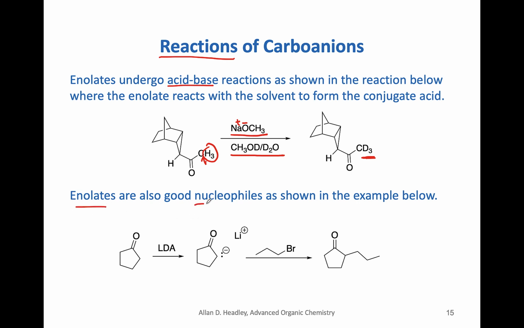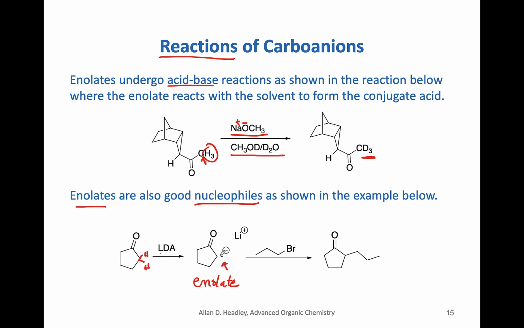Enolates are also good nucleophiles. Remember, a nucleophile is a nucleus-loving species, a species that loves positive charge. In other words, it must have an unshared pair of electrons, which it does. So we can see here that this LDA is a strong base, so it's going to take off one of these hydrogens to create the enolate, or the carbanion as shown here.